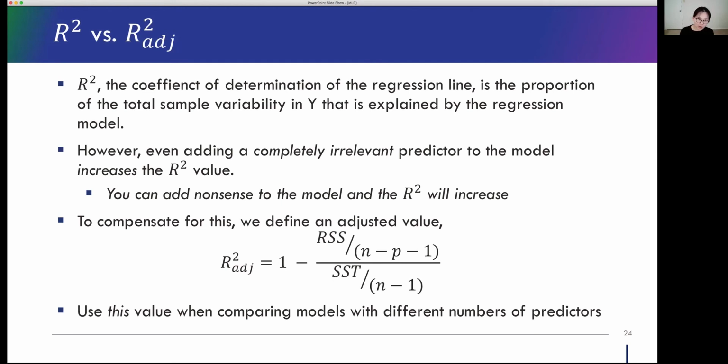So people have developed the adjusted R squared to overcome that non-robust property of the original R squared.